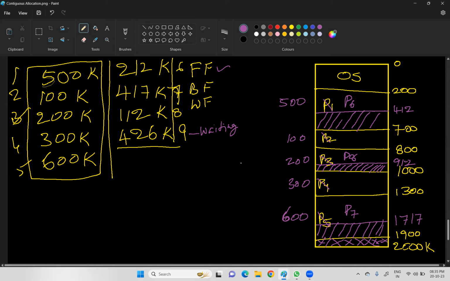Though you have 426 kilobytes available at different places as internal and external fragmentation, process 9 cannot be allocated because compaction cannot be done when we operate these algorithms. That is the point which we have to consider. Okay, this is the first fit algorithm. This color is first fit.